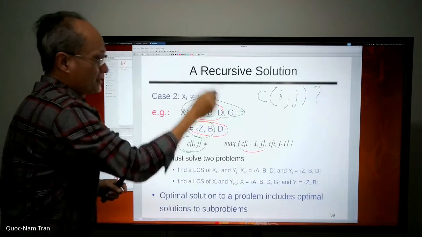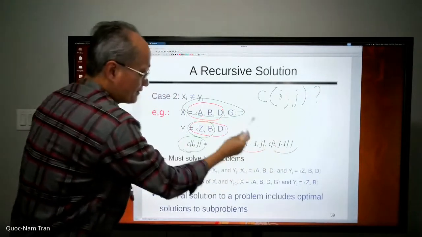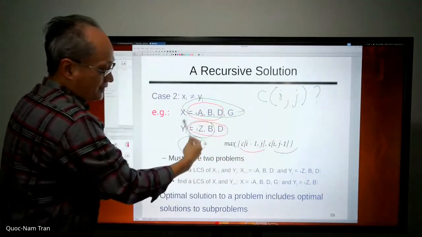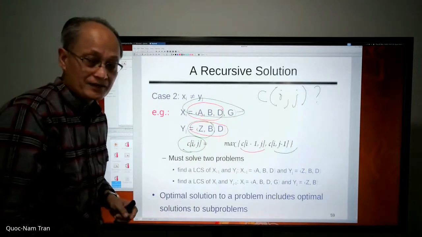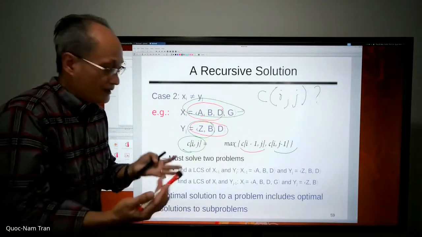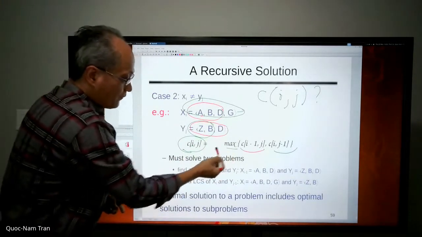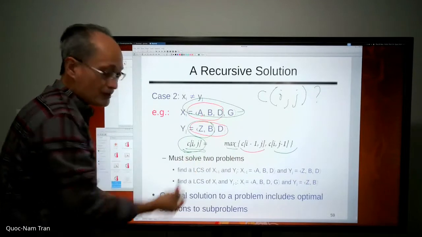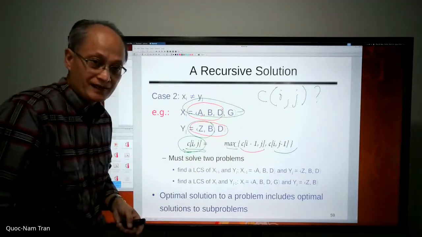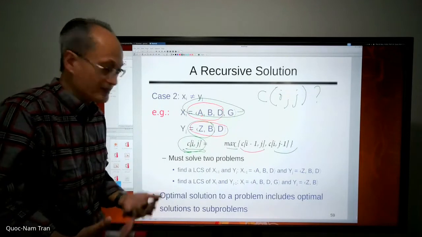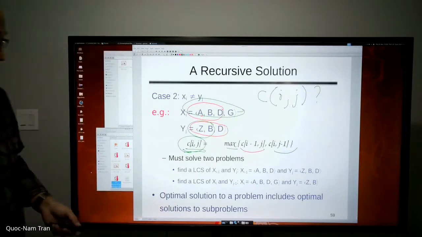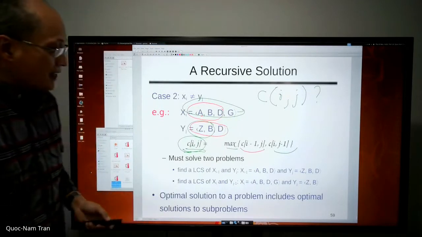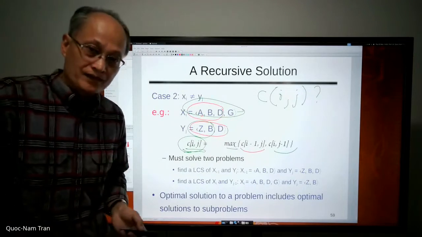And the green one, C(i, j-1). The bigger one will be the value of Cij, right? Okay, it's very simple. So that is the idea of calculating the cost.